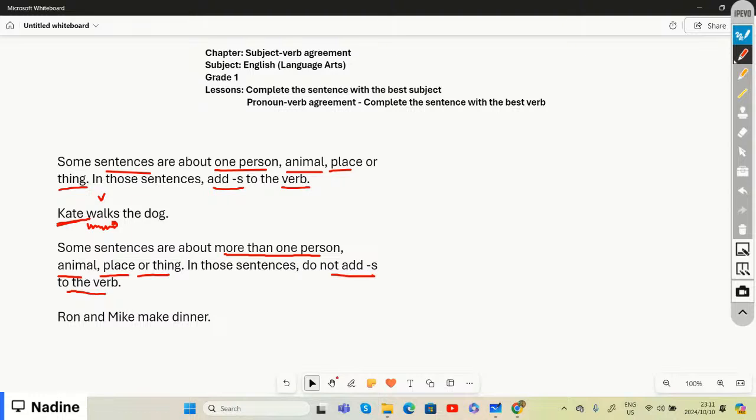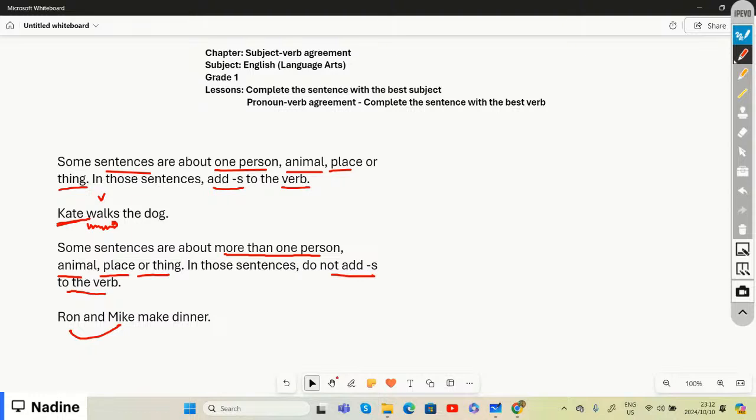And if we look at an example of a sentence that makes mention of more than one person, animal, place, or thing, then we can say Ron and Mike.